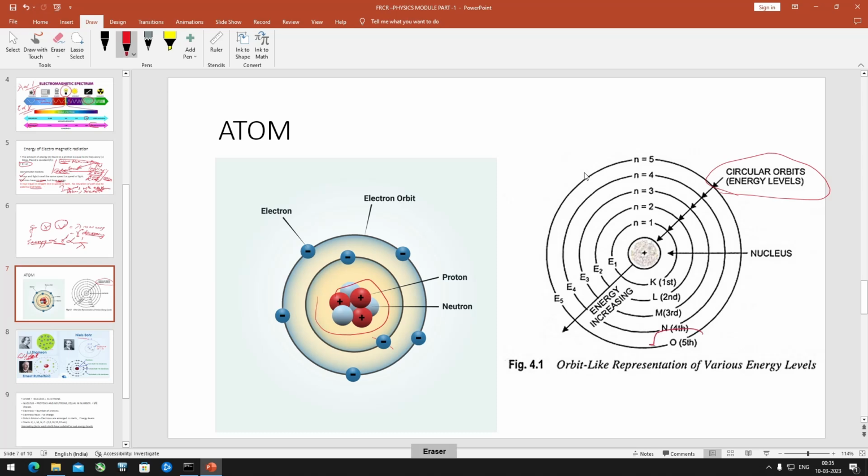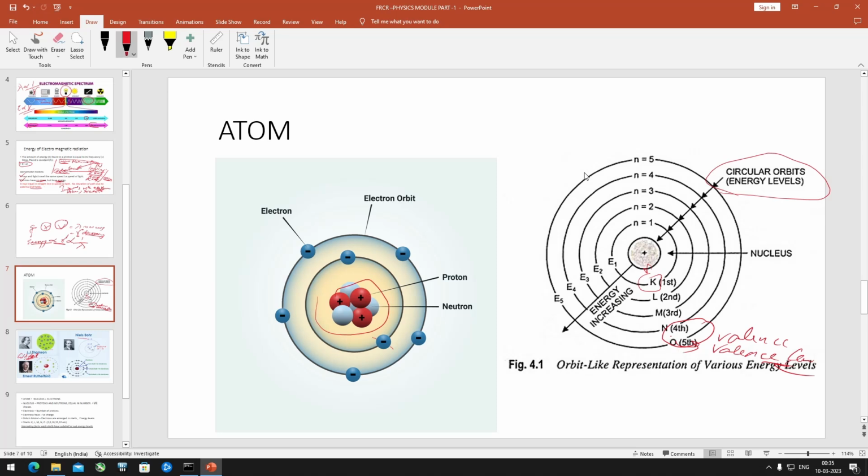The outermost shell of an atom is called the valence shell, and the electrons in it are called valence electrons. The most tightly bound electrons are in the K shell, the innermost shell close to the nucleus. I hope this is clear to you all.